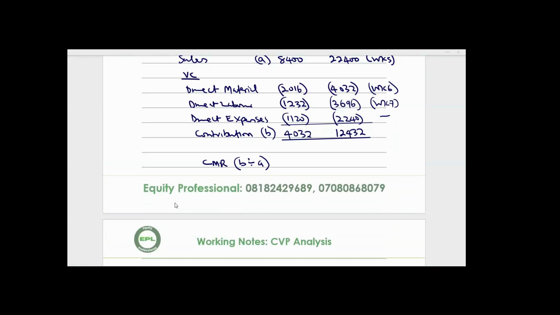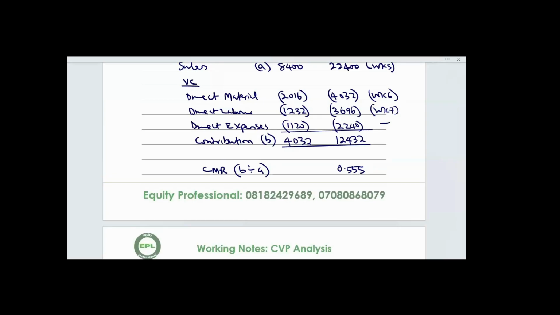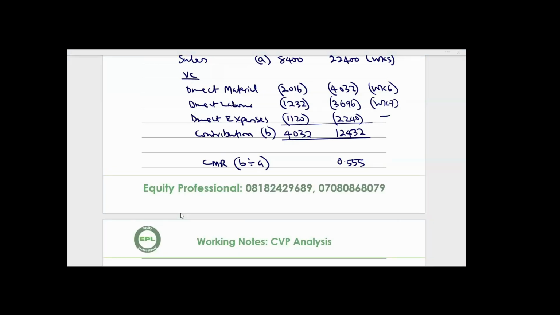That's 0.555. Then for A, 4032 over 8400 is 0.48. So that's the contribution margin ratio for A and B.